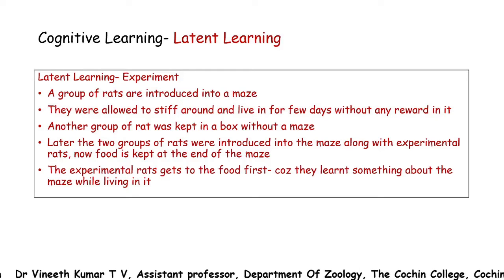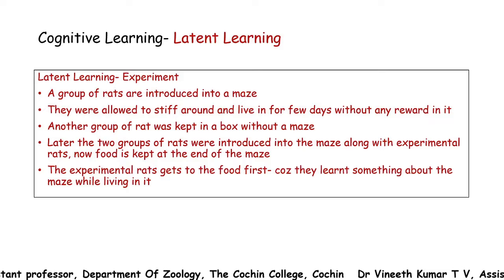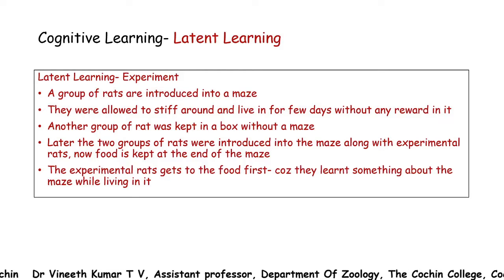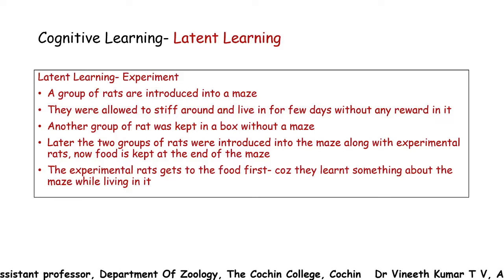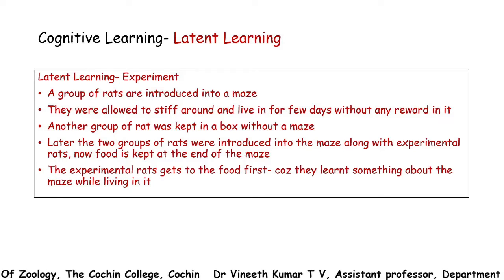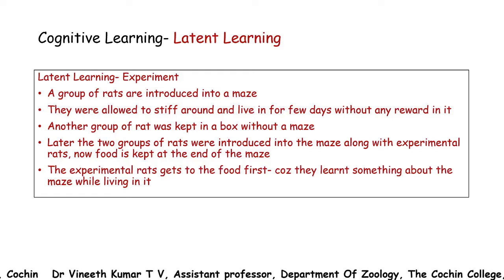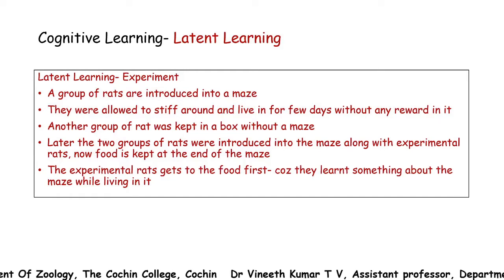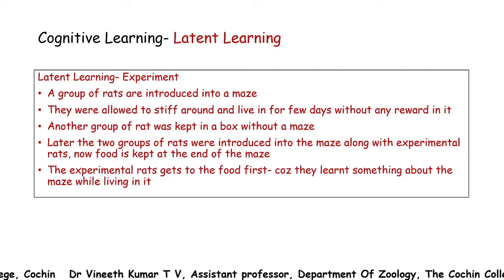But the other group which did not have any idea of the maze, like how you came to the college for the first time, will take more time to reach the other end, sniffing around, finding the path, etc. But the others already know the structure of the maze. They will run around and reach the end very early.